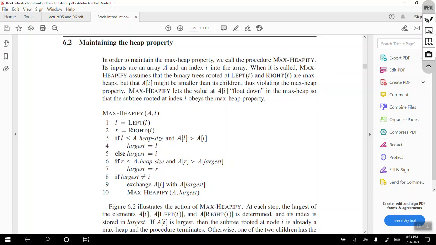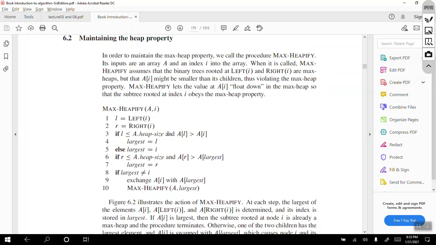In the book it is called max Heapify. This process ensures that the heap always maintains its property. This is the algorithm.